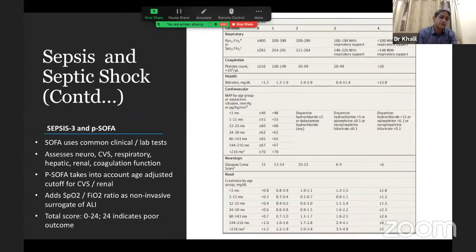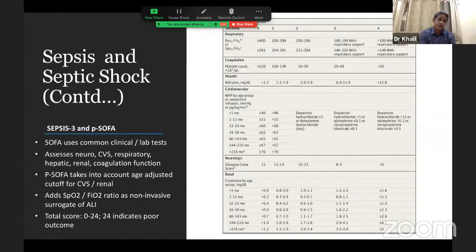Now, with regard to this Sepsis-3 definition, the pediatric SOFA or sequential organ failure assessment. To know the severity of sepsis or organ dysfunction, the new definition and SOFA scores predict the mortality better.